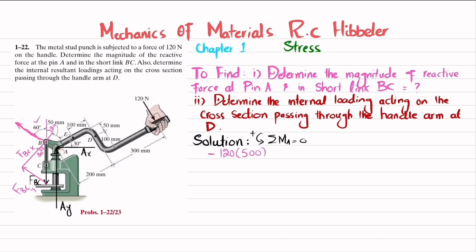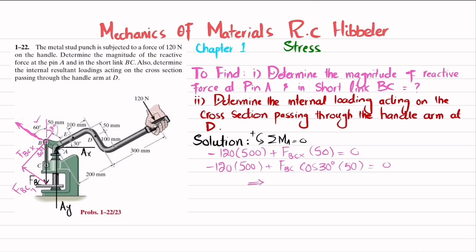So I will write plus FBC X multiplied by 50 is equal to 0. So minus 120 into 500, and FBC X is equal to FBC into cos of 30 degrees, so plus FBC into cos of 30 degrees multiplied by 50 is equal to 0.